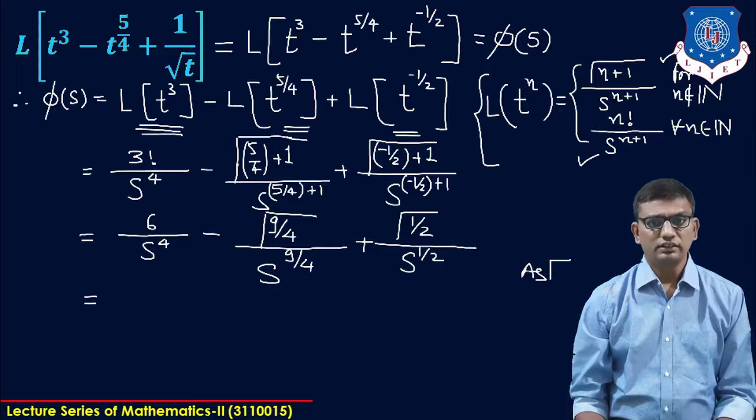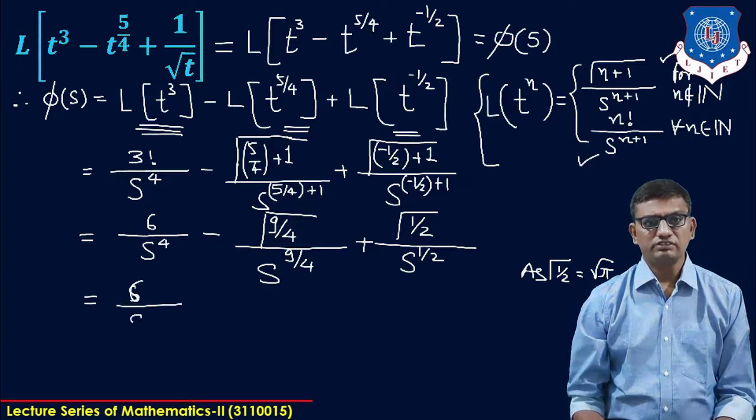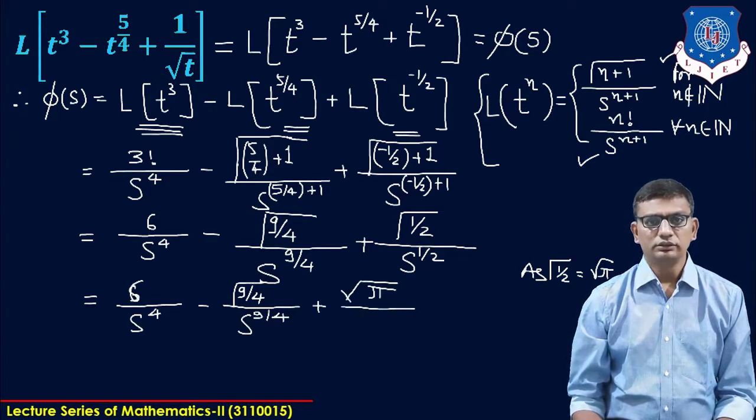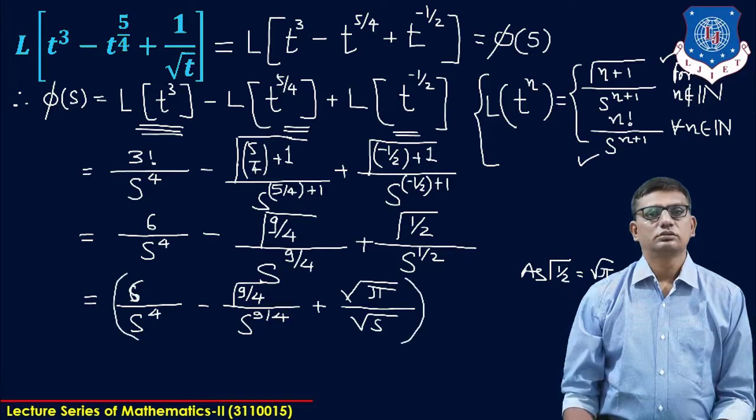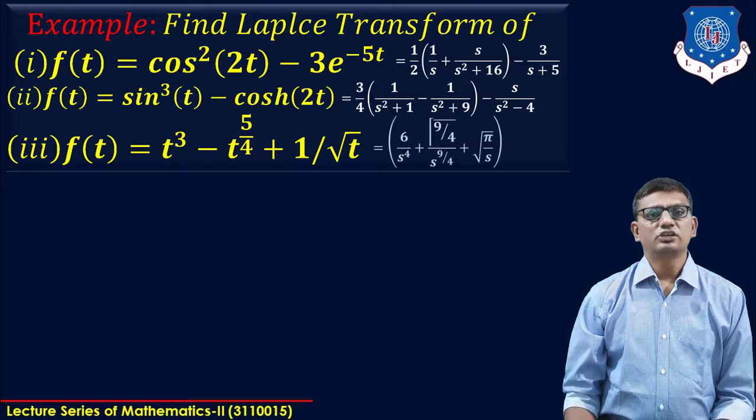As we know that gamma of 1 by 2 is equal to root pi, then we get 6 upon s raised to 4 minus gamma of 9 by 4 upon s raised to 9 by 4 plus root pi upon root s. So finally we got the answer of the last question: 6 upon s raised to 4 plus gamma of 9 by 4 upon s raised to 9 by 4 plus root pi by s.